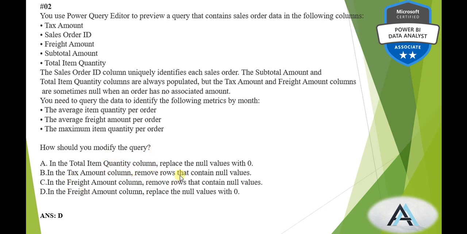Third one, in the freight amount column the null values are present, but removing rows is not effective, so the third option will also get removed. Final answer is the last one. The freight amount column has null values, and those null values we have to replace with 0.